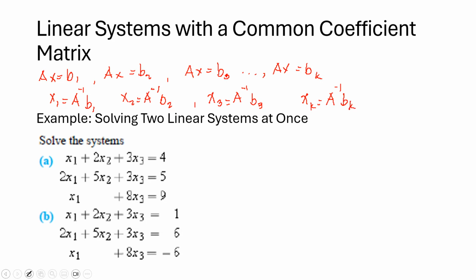It can be obtained with one matrix inversion and k matrix multiplications.